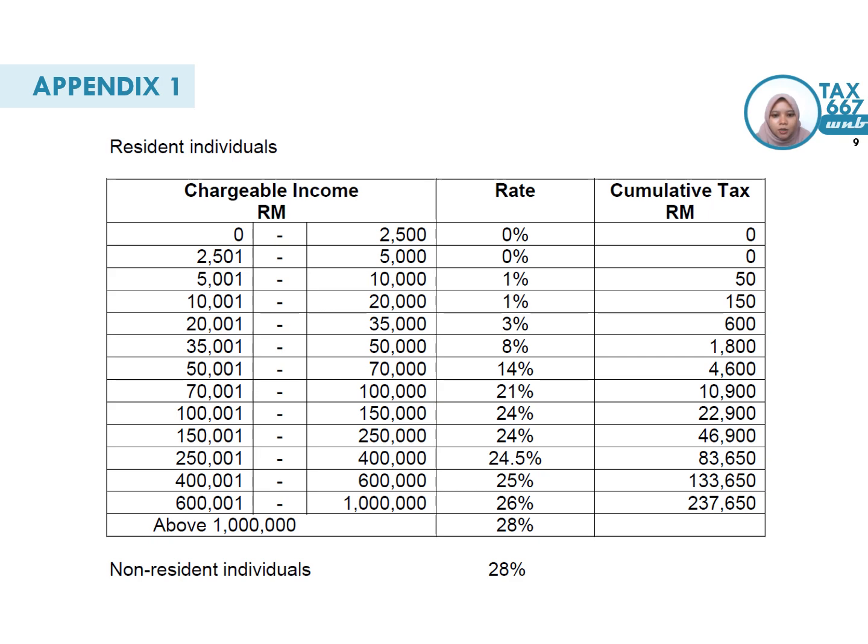So, 100,000 rate dia adalah 21%. Depending on you punya income level. If you earn more, then you pay more tax. Tapi kalau you earn less, then you still pay tax tapi you bayar less. While untuk non-resident individual, kita tak pakai scale, kita akan terus ambil flat rate 28%.